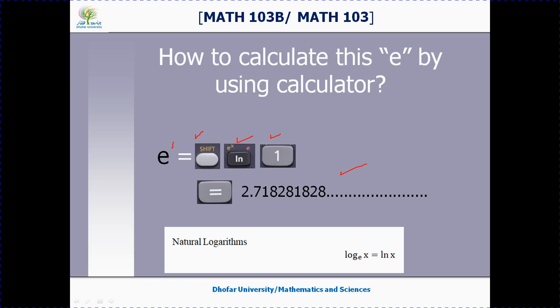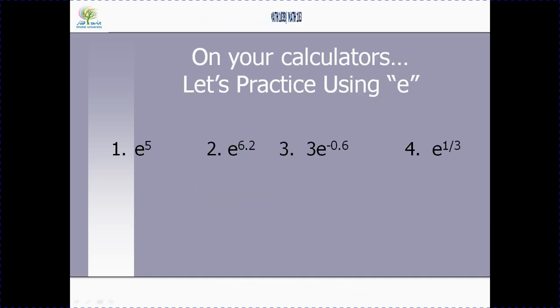2.7182818, etc. Now, again, just to remind you, the natural logarithm can be written as ln x and has a base of e. So it is a logarithm, but it has a base of e.